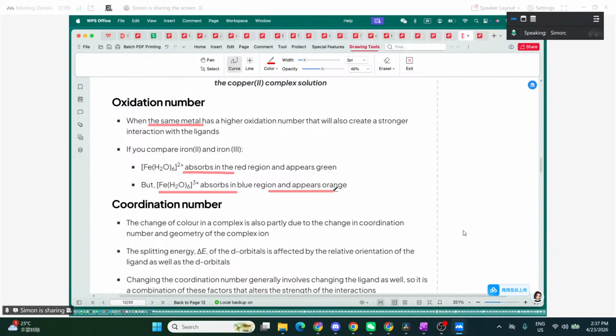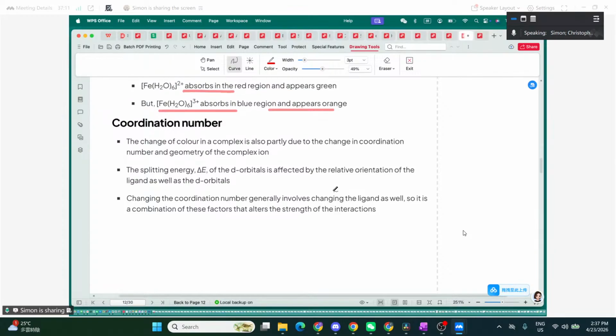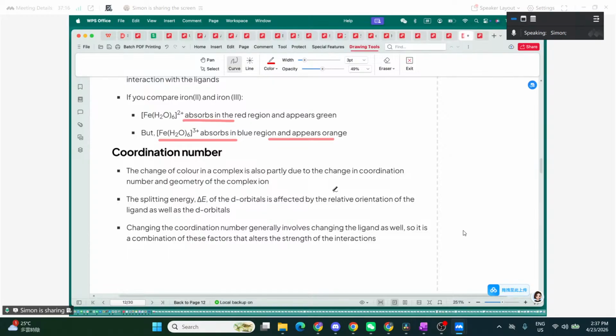The next one is the coordination number. The change of color in a complex is also partly due to the change in the coordination number and the geometry of the complex. We learned the splitting energy is related to the energy level difference, and it is affected by the relative orientation of the ligands as well as the d orbitals.